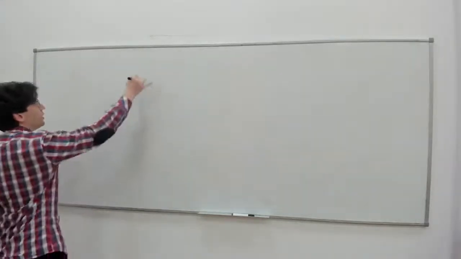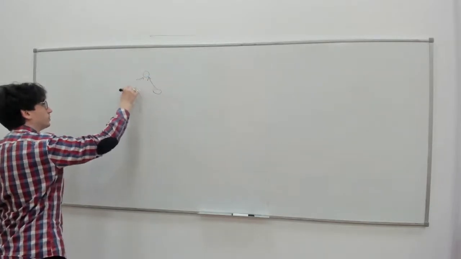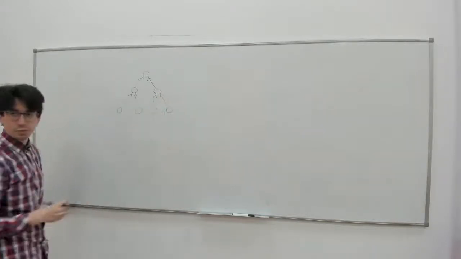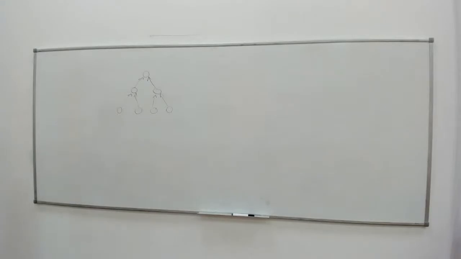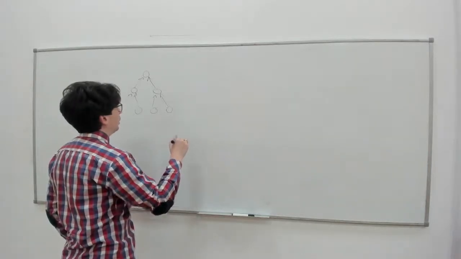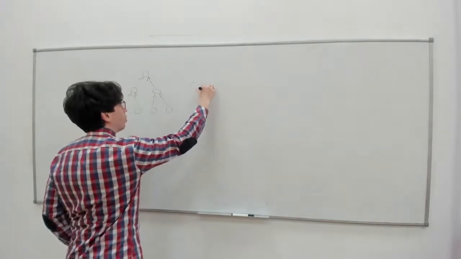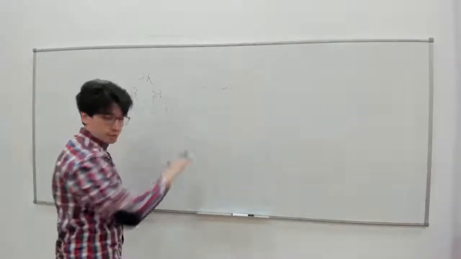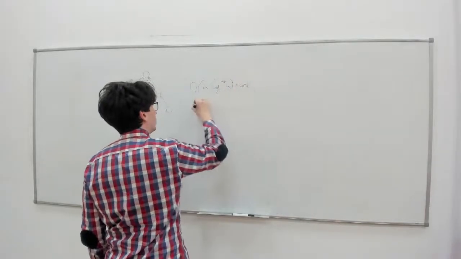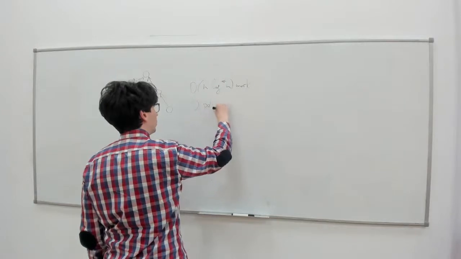You are given a tree. Suppose we're given a binary tree, and we want to color all the elements, in log star n work and polylog n span.